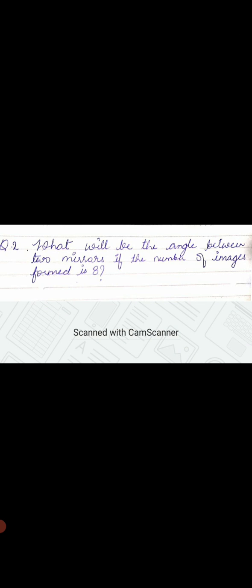So children, looking at the solution here, n is equal to 8 and we need to find out theta. We will bring 1 to the left hand side. By coming to the left hand side, the sign of 1 will change, so it will get added to the n. N was 8 plus 1, that is equal to 9, right? 9 is equal to 360 degrees by theta.